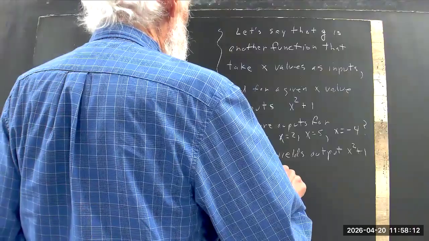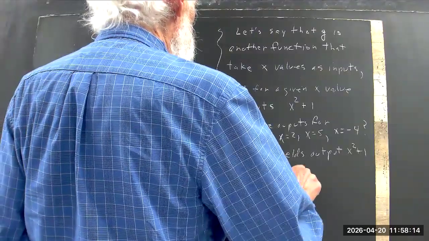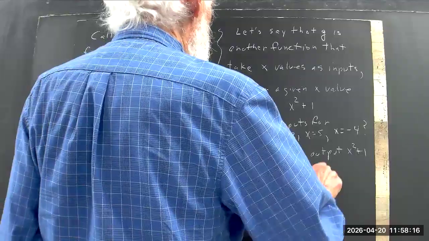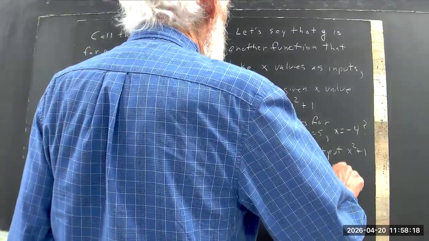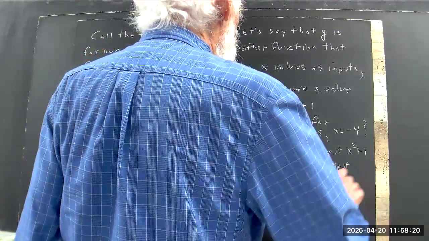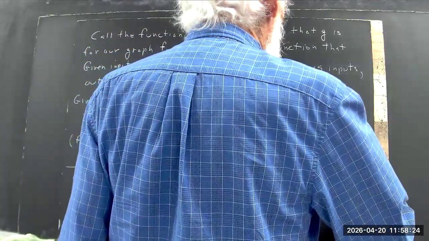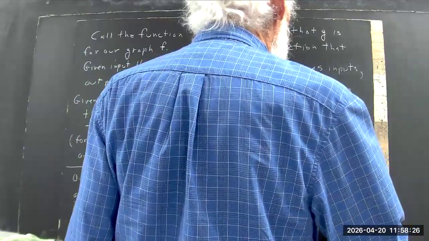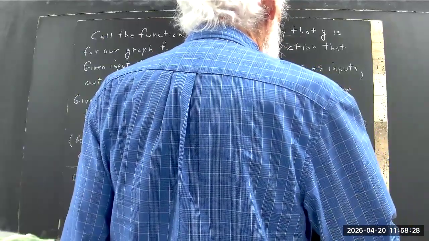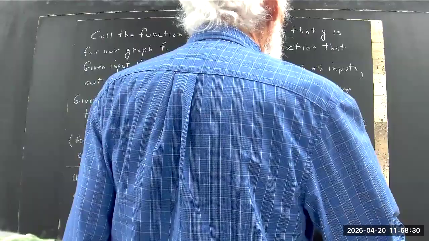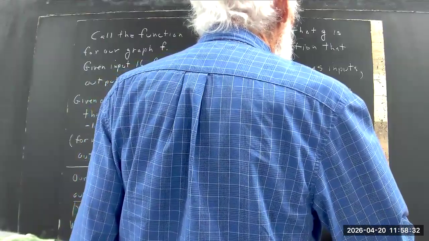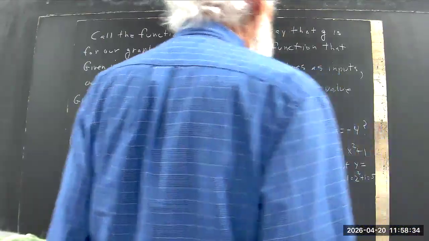So input X equals 2 yields output Y equals X squared plus 1, which equals 2 squared plus 1, which is 5.